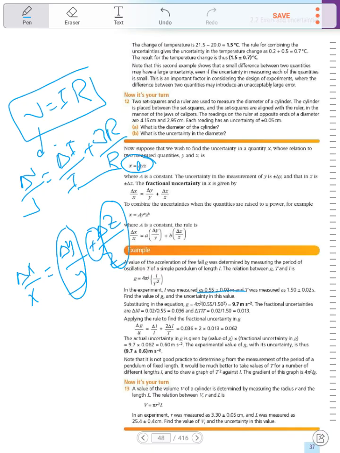Now, if I have a value which is constant, the constant value is not taken in the calculation, okay? So you take it out, like a here, we omit it.